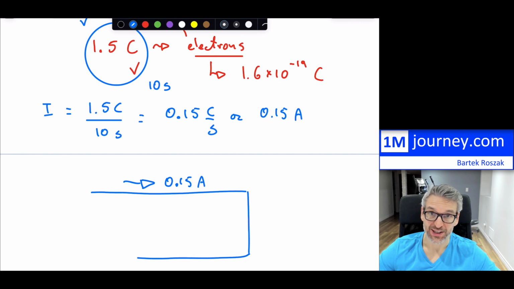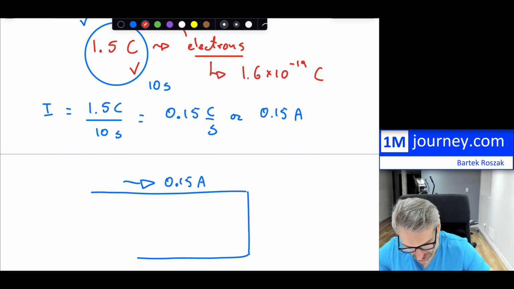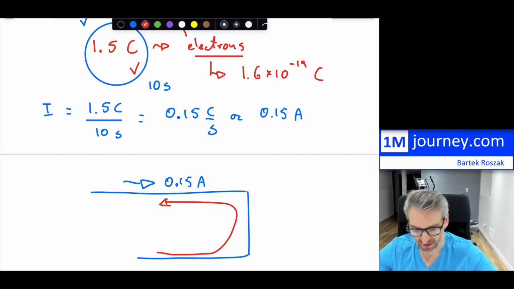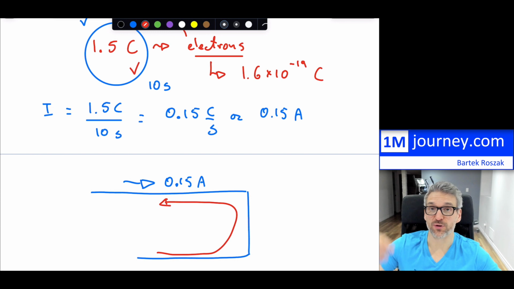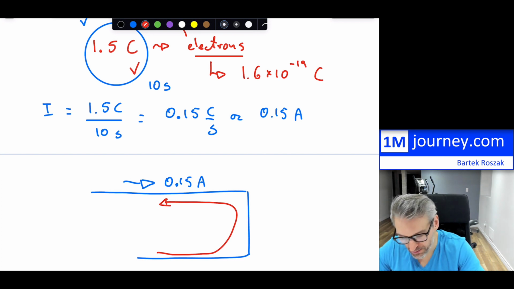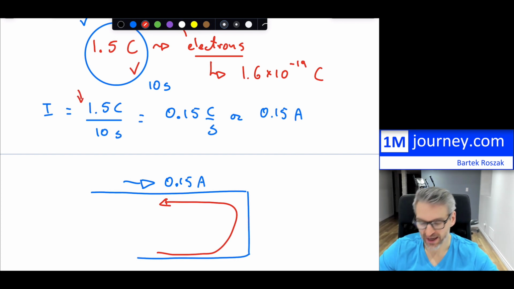But technically it goes in the opposite direction, where the electrons are actually flowing back in this direction, because they flow from the negative terminal to the positive terminal. But in terms of definitions, we do not put the negative inside of here. We talk about charges that are positive.